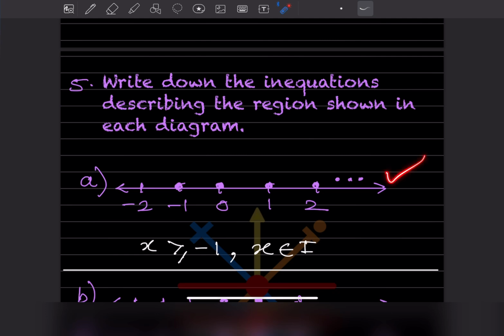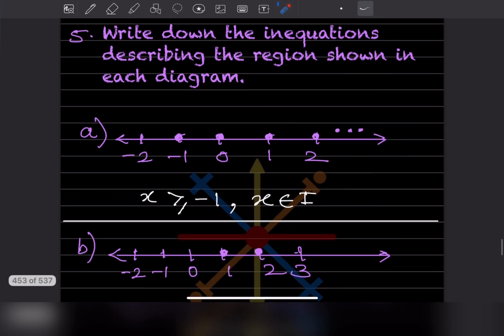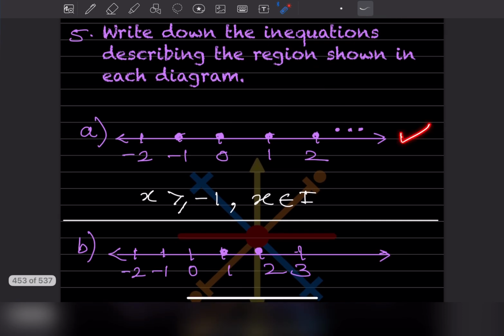So this is the first one. Now you can see the number line is given, and we have to write the inequation. Now see here, there is a dot here, and here, and this is continued.